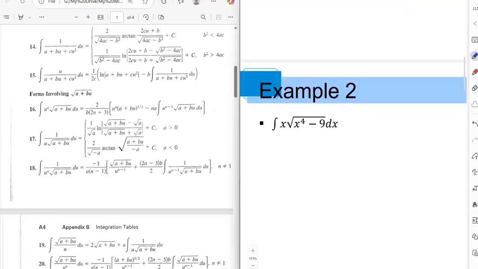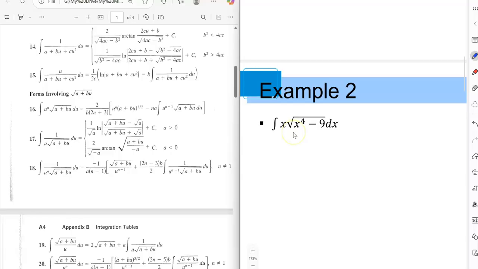So let's look at the next one. We have x square root x to the 4th minus 9. So we're trying to figure out what fit we're using. So we're looking for one of the formulas that we can use.